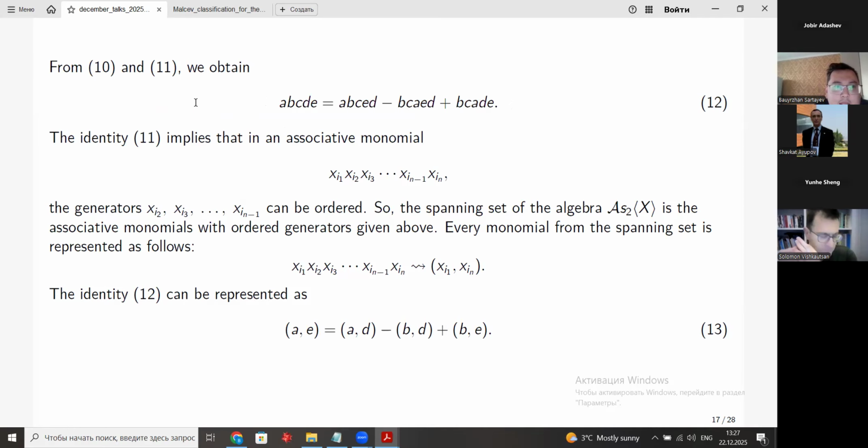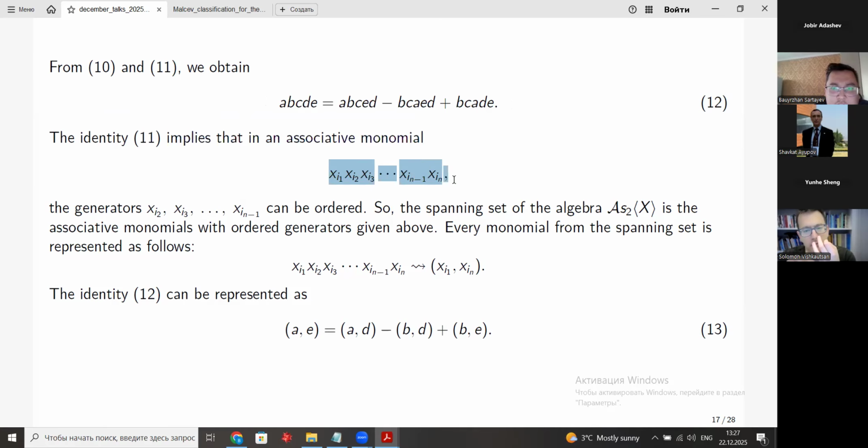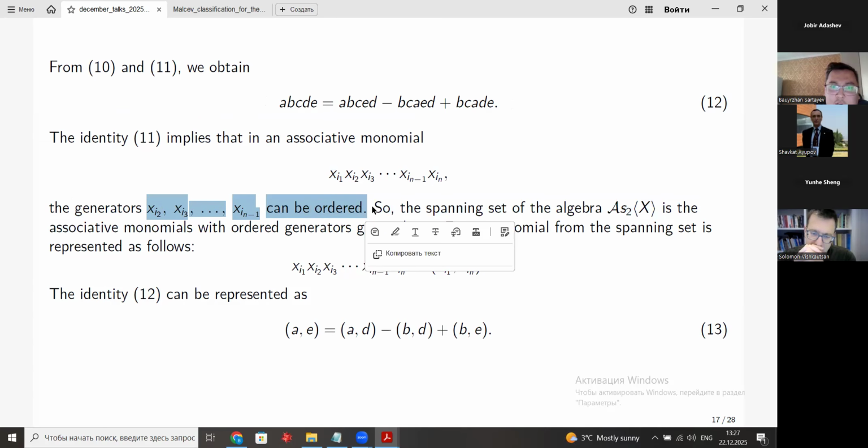Now, identity 11 implies that in arbitrary associative monomials with n bigger or equal than 5, the generators xi2, xi3, up to xin minus 1 can be ordered.